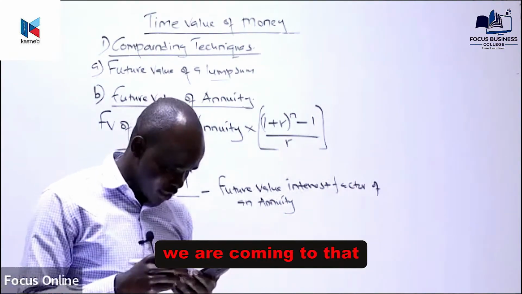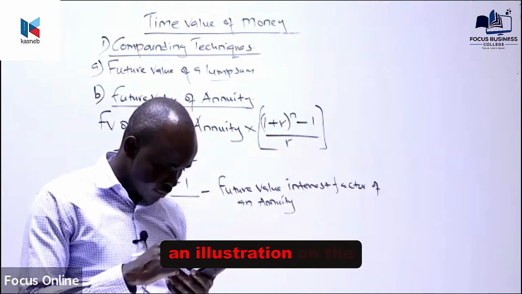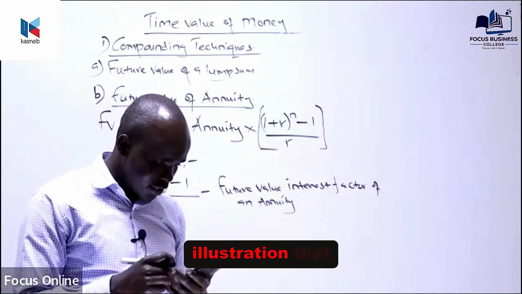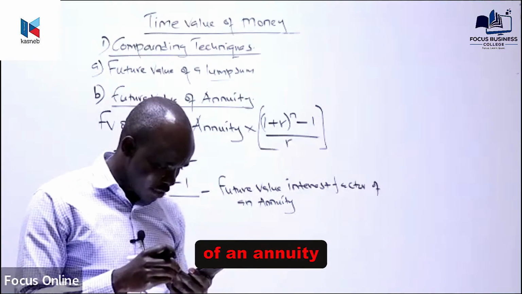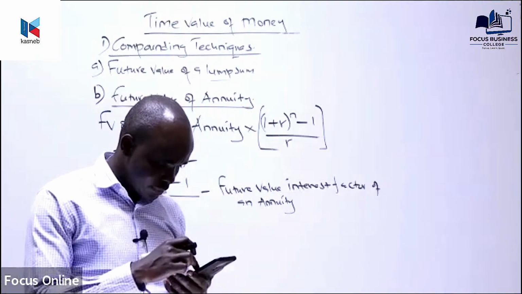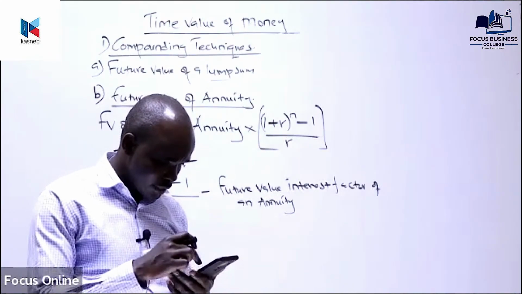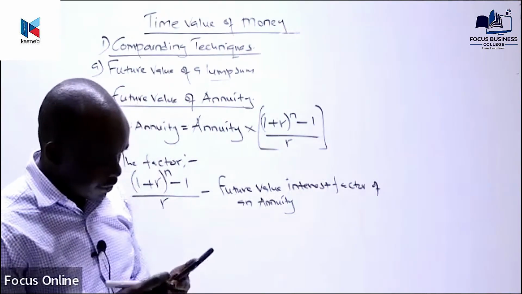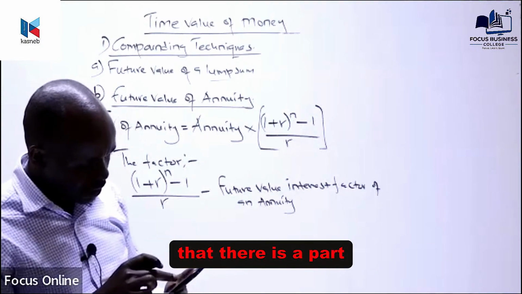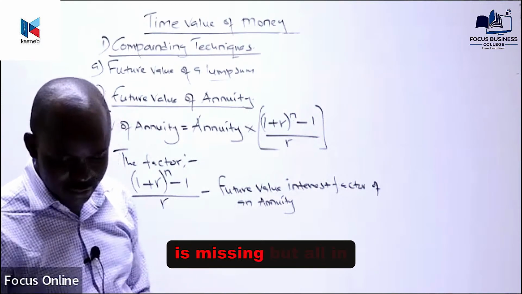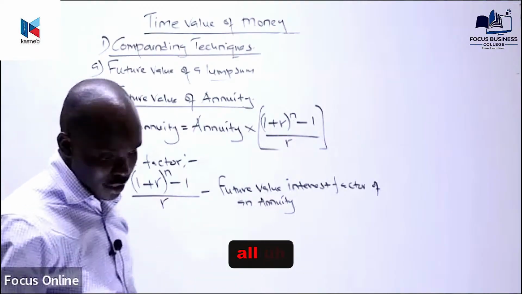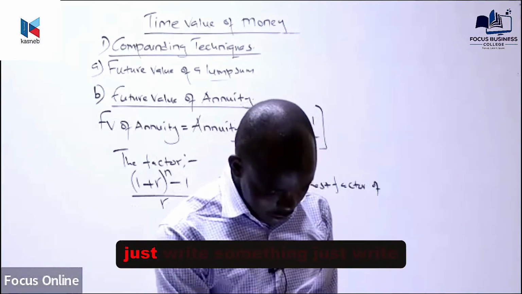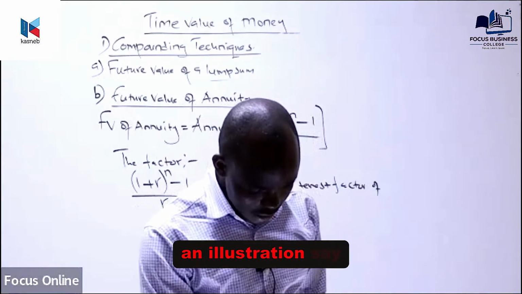Sorry, we are coming to that. I want us to have an illustration on future value of an annuity. From the above example, there is a part that is missing here, but all in all, let's just write an example, an illustration.